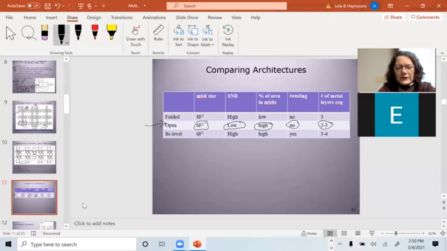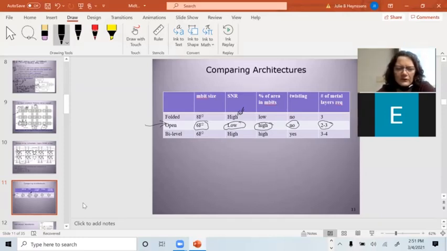The folded was the next evolution. The bit size is bigger, but it was worth going to a bigger bit size, which means a less efficient array, because our signal to noise ratio was so much higher that we could make bigger arrays and do things more efficiently.